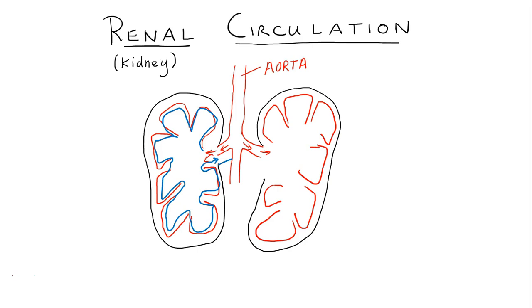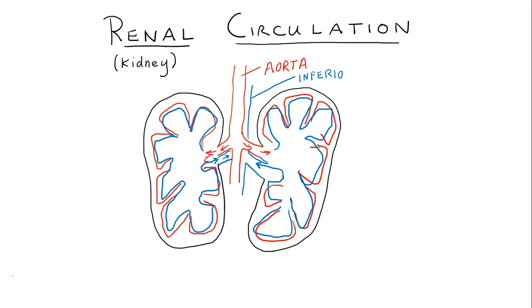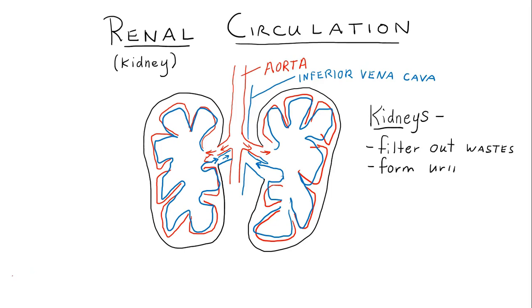While the blood is in the kidneys, they are going to filter the blood and remove wastes. They do need a large blood supply, and then through the renal vein, the blood will go to the inferior vena cava. So the kidneys filter out wastes, and they form urine, which then enters these structures I'm drawing called the ureters.